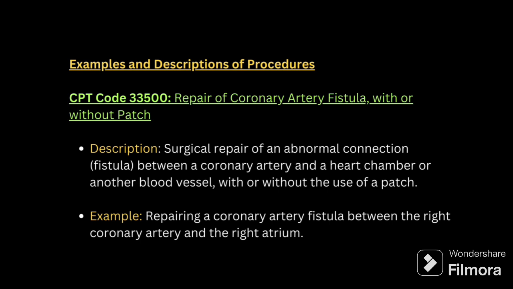An example for this is code 33500, repair of coronary artery fistula with or without patch. Here is the surgical repair of an abnormal connection, a fistula between a coronary artery and a heart chamber or another blood vessel, with or without use of a patch. That is the description of this code.